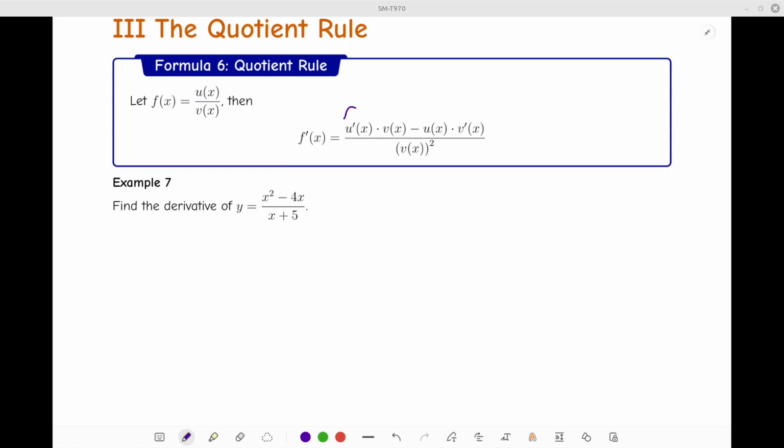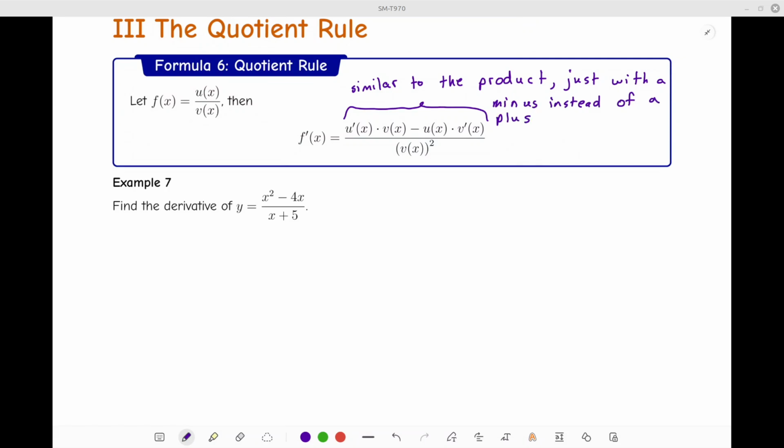So notice this is similar to the product rule, just with a minus instead of a plus. But then don't forget you have to divide by the second function squared.